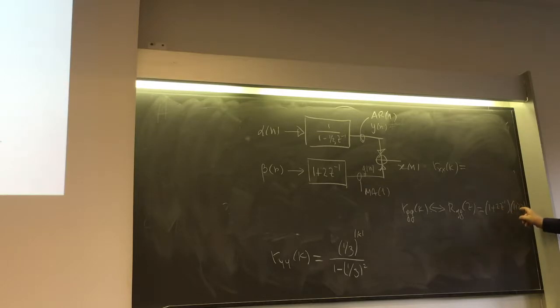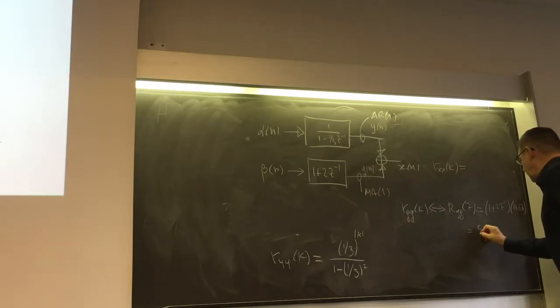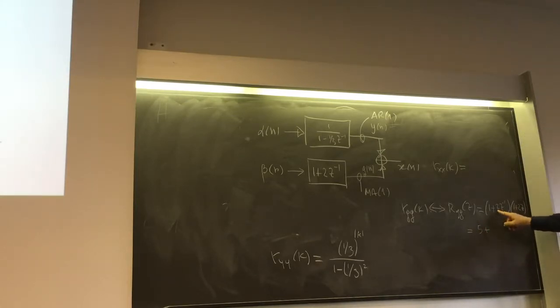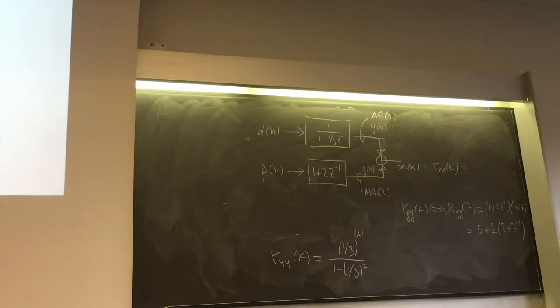Then you have a z and z to the minus 1. So this is 4. So it is equal to 1 plus 4 is 5, plus a z to the minus 1 times 2, and then 2 times z. So it is 2 times z plus z to the minus 1. Okay, so this is the autocorrelation.